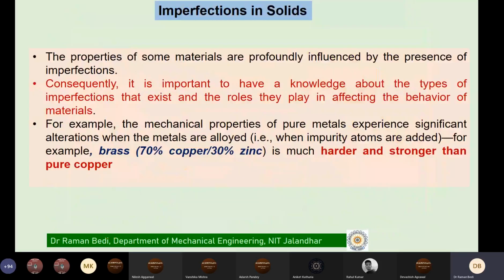Our next topic we'll start is on imperfections in solids, that we have considered by now that the crystal lattice happens to be a perfect one. All the lattice points are occupied by the atoms. And then we saw that there are voids also, empty spaces also. We saw that, okay, this is the way the voids can be filled.